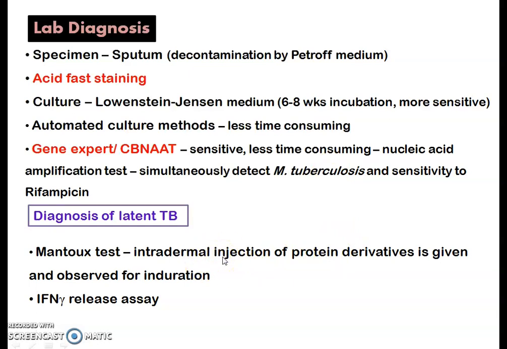If Mycobacterium tuberculosis is in a dormant stage in our body, there will be the formation of induration, and we can confirm that we have latent TB. Interferon gamma release assay is also done to diagnose latent TB.